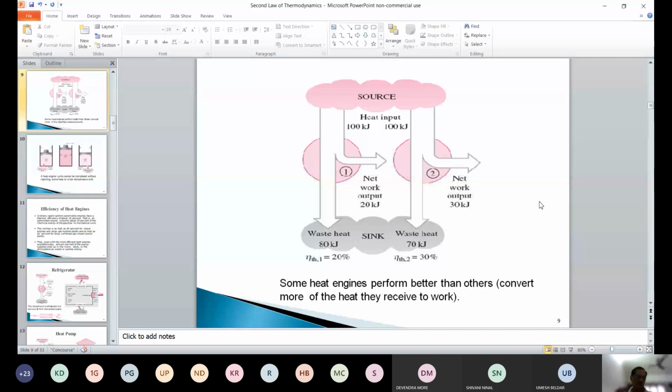In this case also, some heat is lost to the atmosphere because the engine becomes very hot, and the heat is dissipated to the atmosphere as a cooling medium there. So not all the heat is converted to work. So conversion will depend on the efficiency of the heat engine. So some heat engines will have efficiency low, or some may have high, depending on the construction of the heat engine.